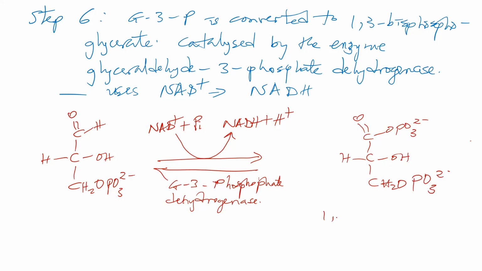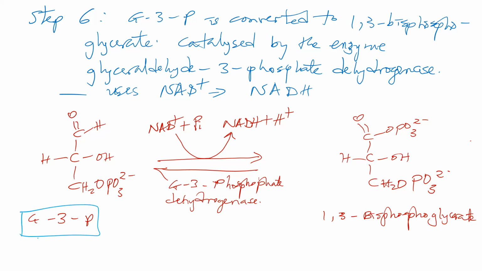So this is 1,3-bisphosphoglycerate. And this one is glyceraldehyde 3-phosphate. So basically we're converting the glyceraldehyde 3-phosphate to 1,3-bisphosphoglycerate. The difference here is that the bisphosphoglycerate has got 2 phosphoryl groups.